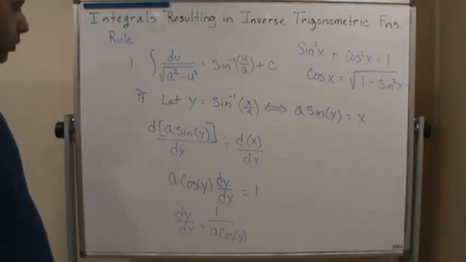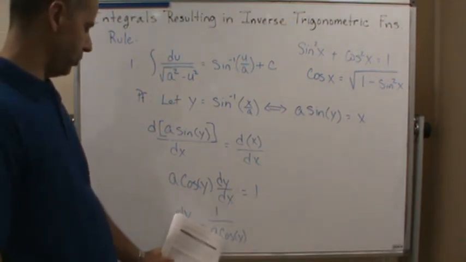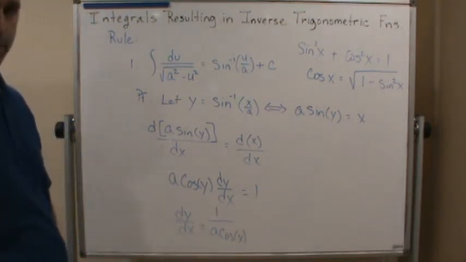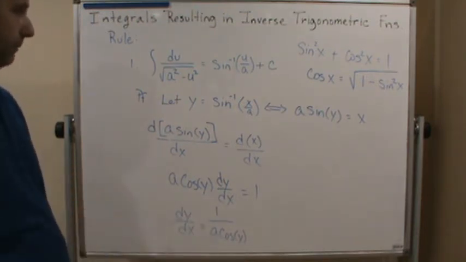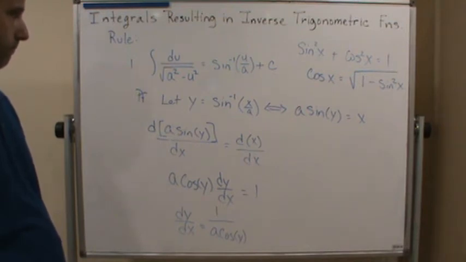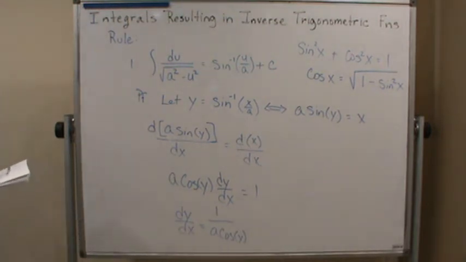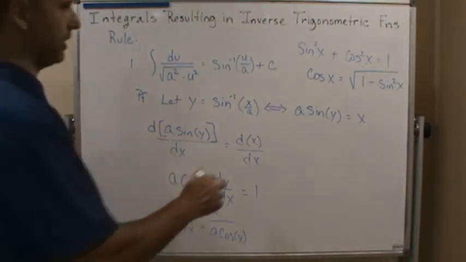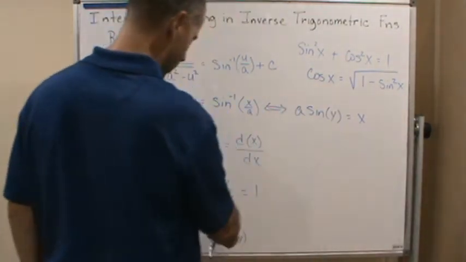Now I'm going to substitute in for cosine y. I'm just going to use the Pythagorean identity, and I did it in x, but I'll do it here in y.